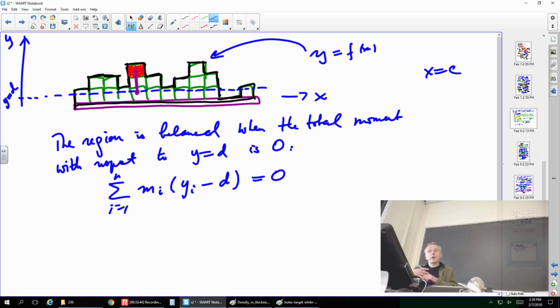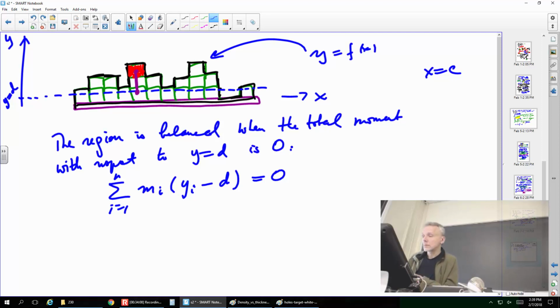So it's the same story. Like I said, the total refers to the summation, and what are we adding up? Moments, and moments are mass times the lever. The lever once again is done by subtraction.